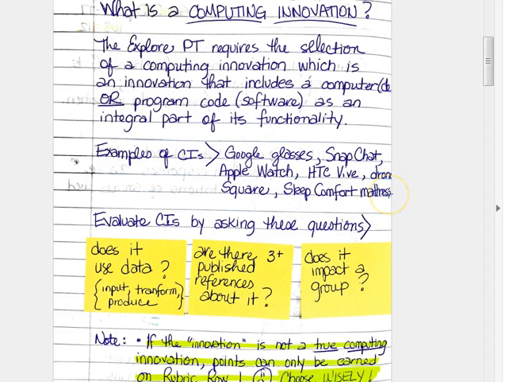Now the mattress itself is partially an innovation. Apparently the Sleep Comfort company has developed an app to go with their mattress. The mattress has sensors in it that detect how you sleep, how much you turn over, and then there's an app that you load on a device which gives you information or data about your sleep experience and tells you how to adjust the number settings on the bed.